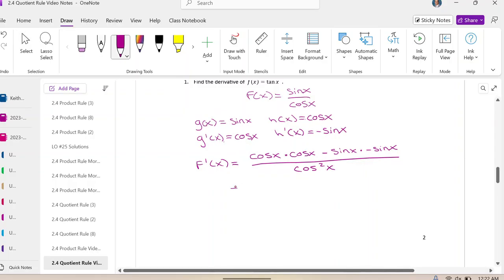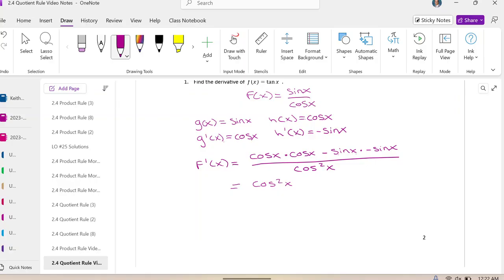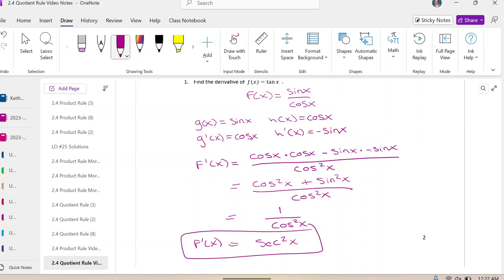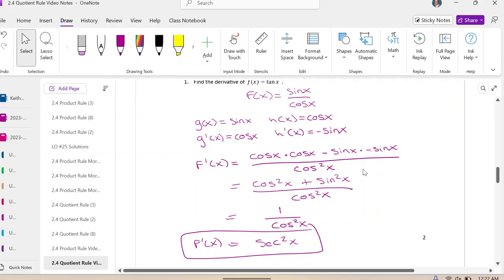Well, cosine times cosine is cosine squared. Negative sine times sine is sine squared, but then you have negative and then negative there, so it's positive. And cosine squared plus sine squared is 1. And 1 over cosine squared is the secant squared. So that means the derivative of the tangent is the secant squared. And that's a rule that we're going to use moving forward.